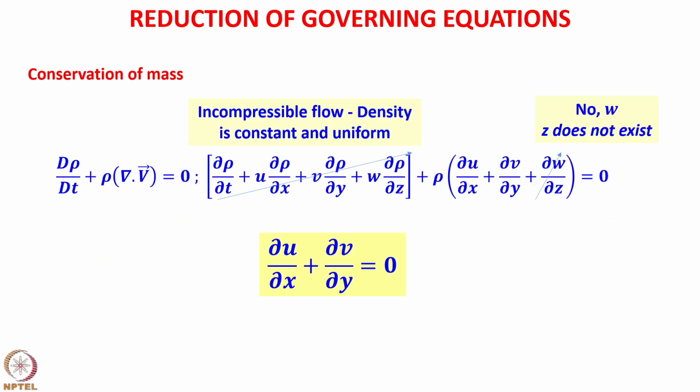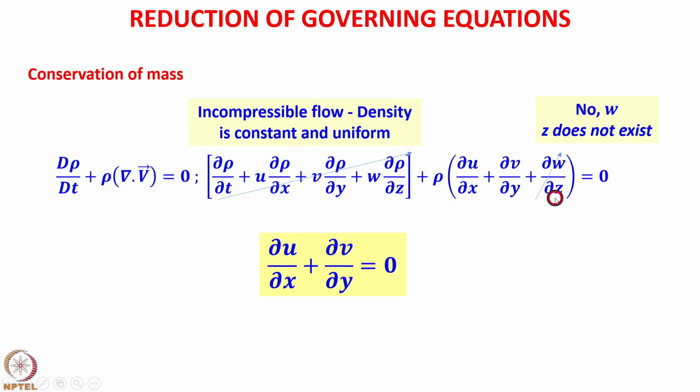So if you have taken this board, the flow is taking place like this, the boundary layer will vary only with length, but with the width, the boundary layer thickness is the same everywhere. That is what I meant. Now if you take conservation of mass, this d rho by dt term will be 0 because it is incompressible flow, density is constant and uniform, and it is two-dimensional flow.